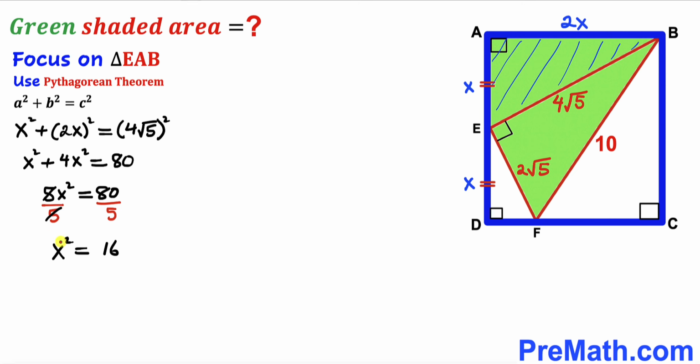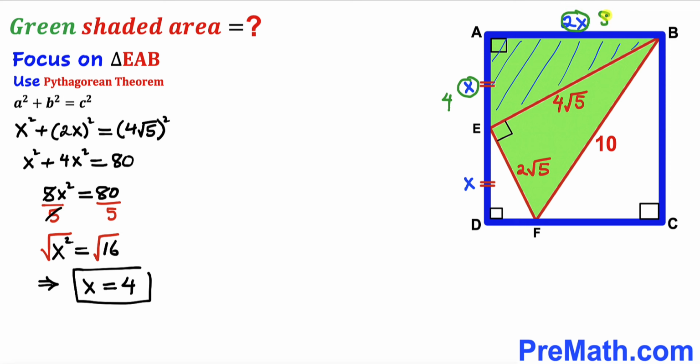And now we are going to undo this square by taking the square root on both sides. So therefore our x value simply turns out to be positive 4. So therefore this x value is going to be positive 4, and this 2x means 2 times 4, which is going to give us 8.